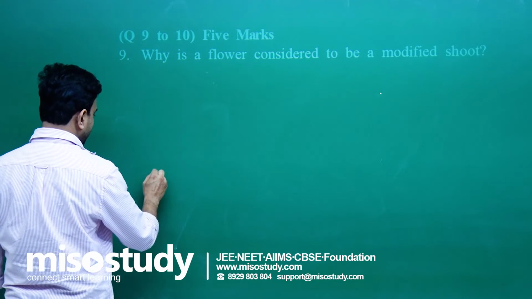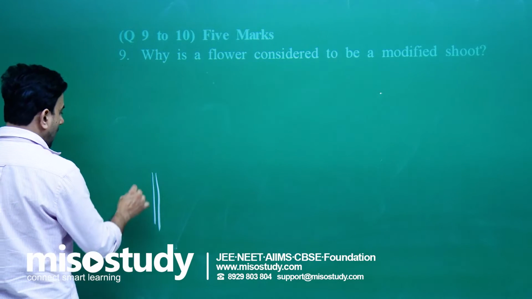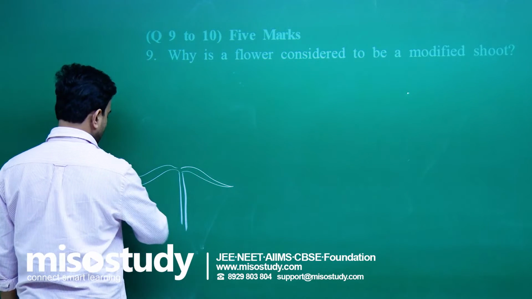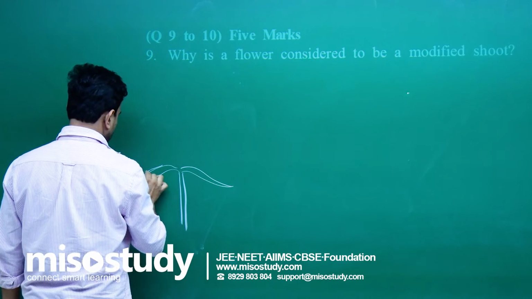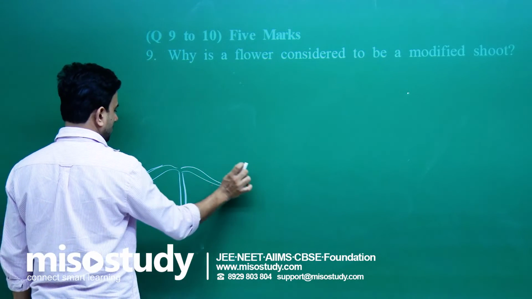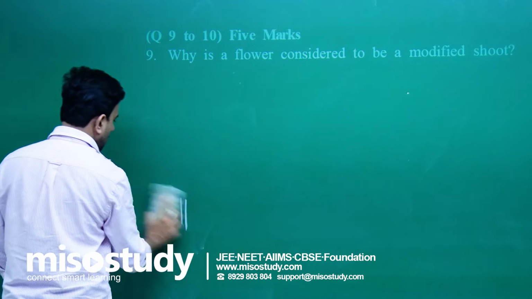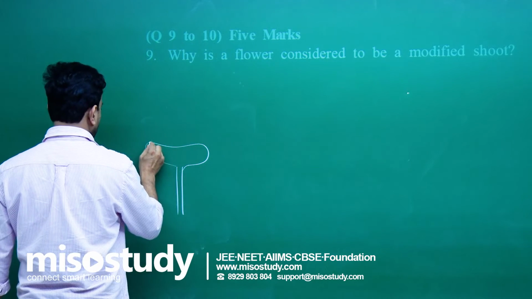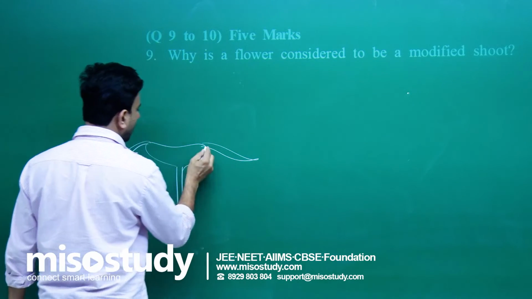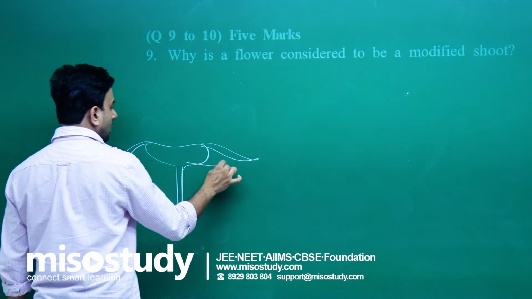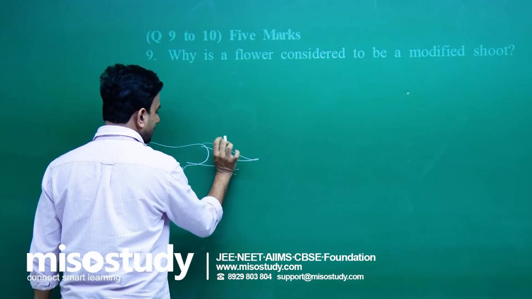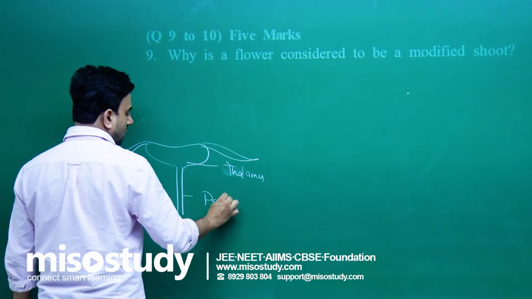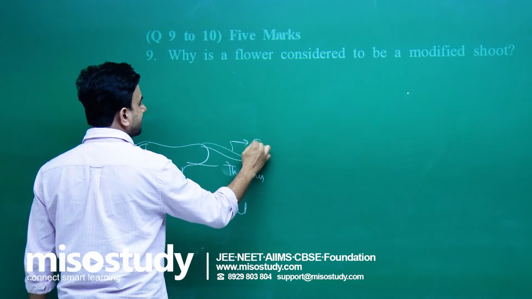This is the receptacle or the thalamus, and this is the stalk of the flower called the pedicel. These are the sepals.